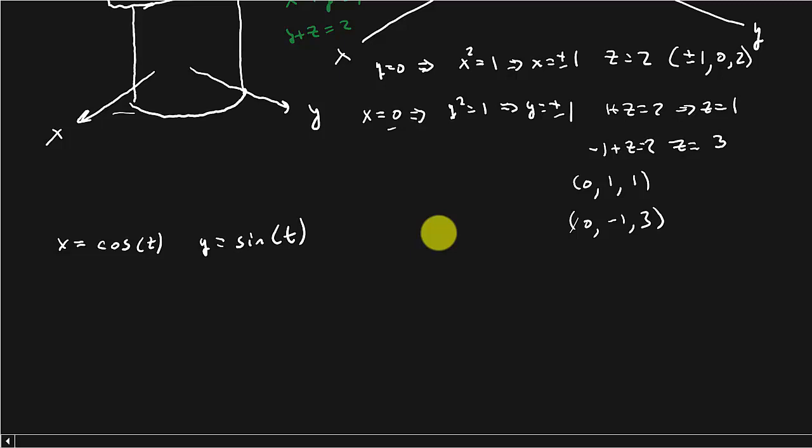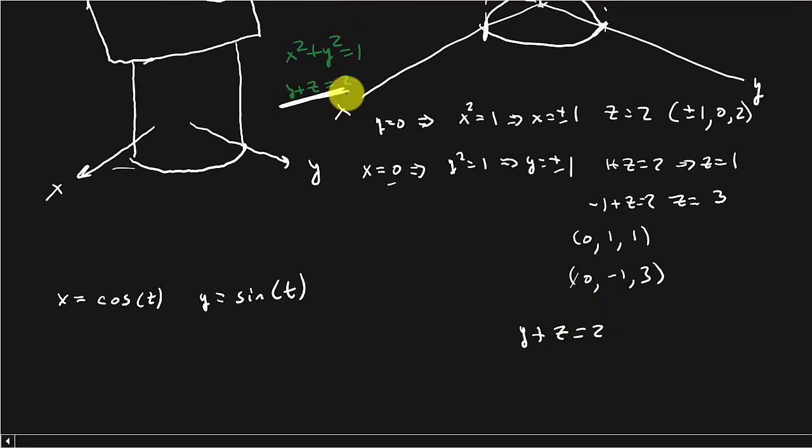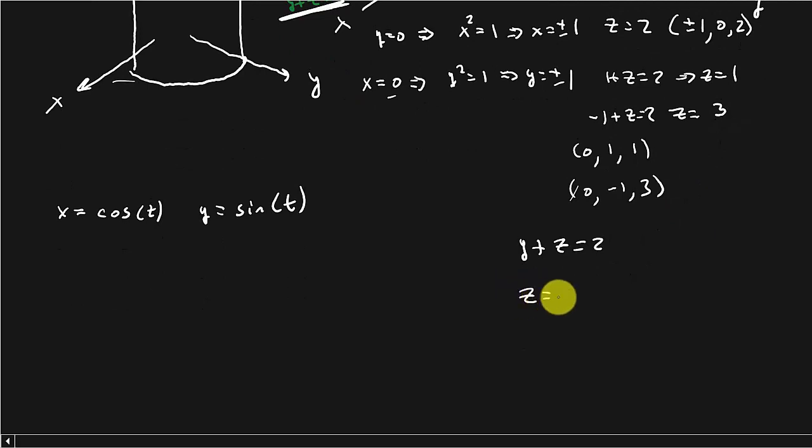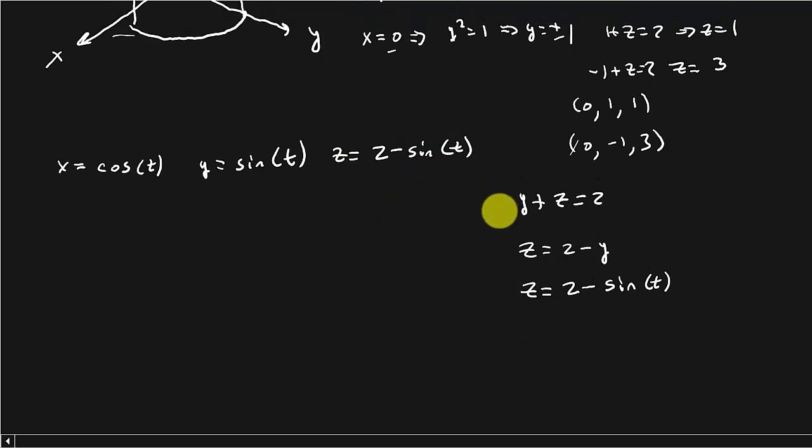All right. So now, what do we have? We've got x, we've got y, but now we need z. Well, what is z? Well, look at this. We have y plus z is equal to 2, right? That was one of the equations they gave us. And so z is equal to 2 minus y, which is sine t. And so we get z is equal to 2 minus sine t.